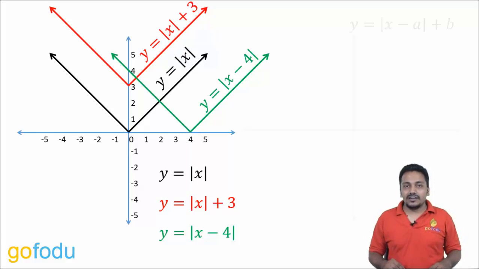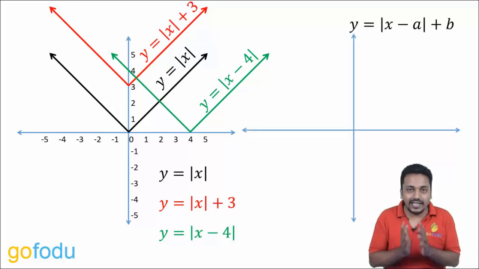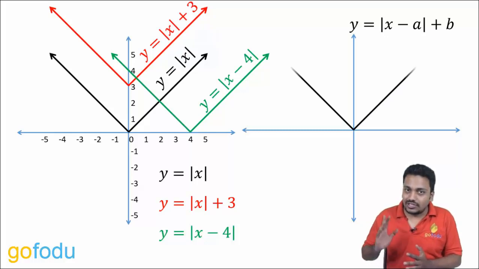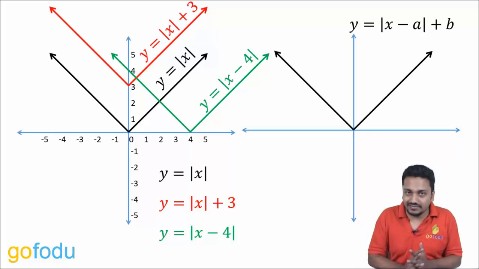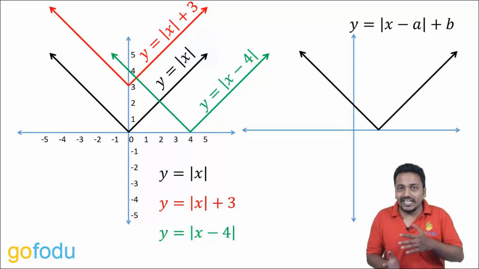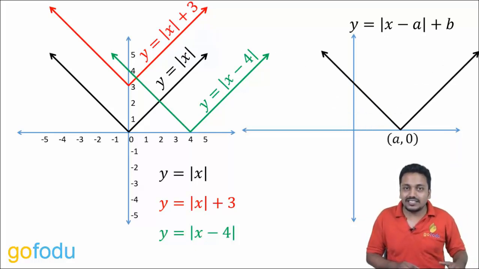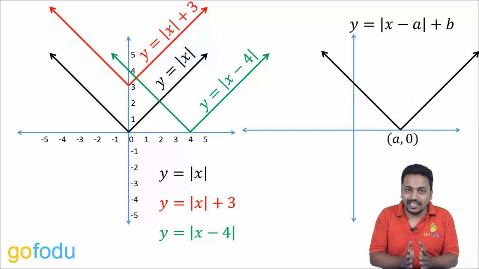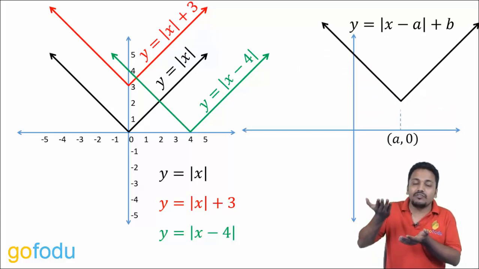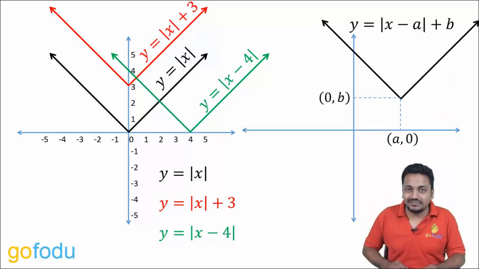Next we have a general graph for y is equal to mod x minus a plus b. Now this is the graph for y is equal to mod x. For mod x minus a, we'll shift the origin a units right on the x-axis. For mod x minus a plus b, we'll shift the whole graph upwards on the y-axis by b units.